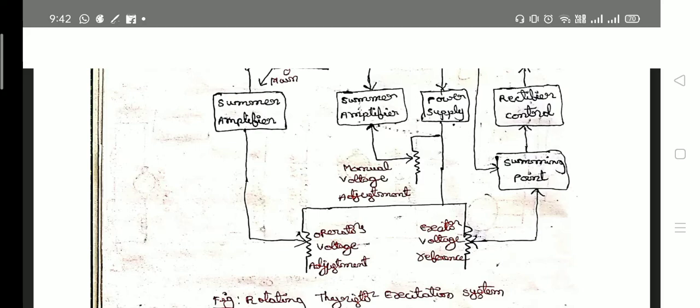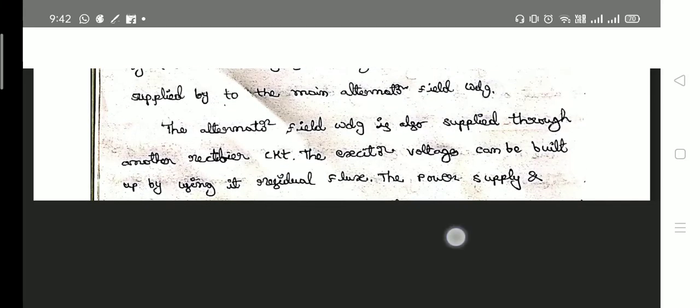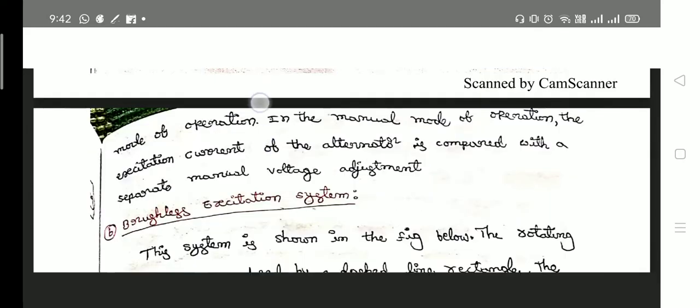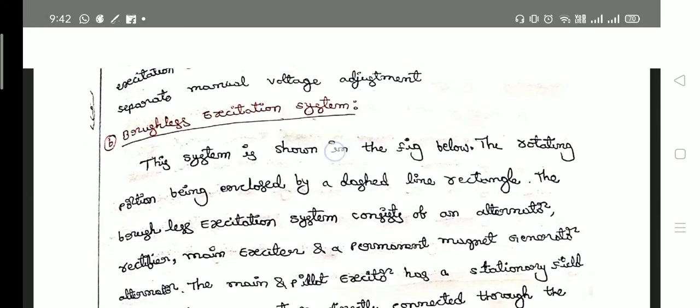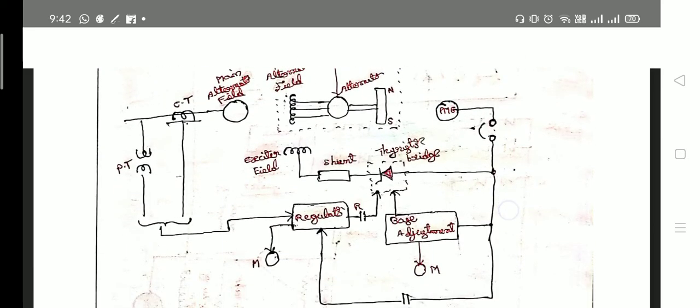Now we are going to the brushless excitation system. This is the circuit diagram of the brushless excitation system.